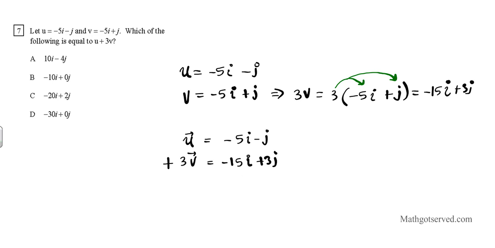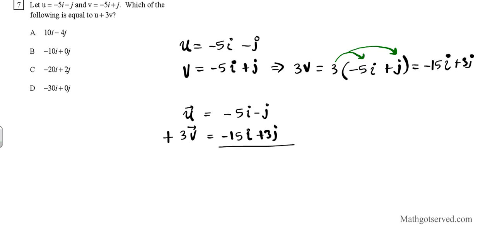We're just going to add the i and j components vertically. Negative 5 minus 15 is negative 20, so negative 20i. And negative j plus 3j is plus 2j. So negative 20i plus 2j is equal to u plus 3v. Our answer is option C.